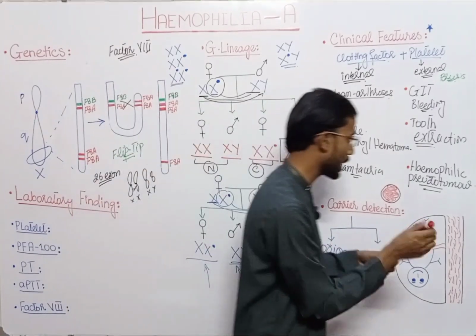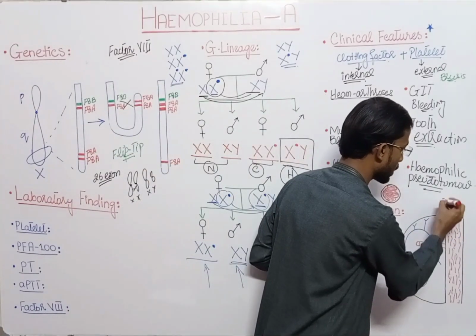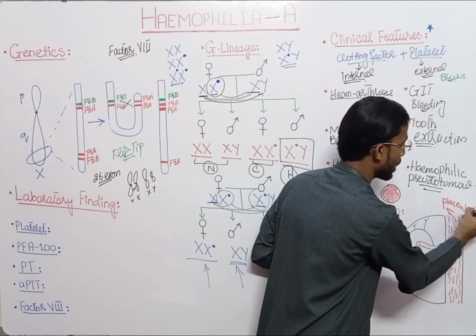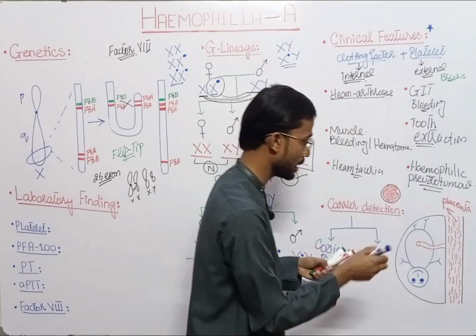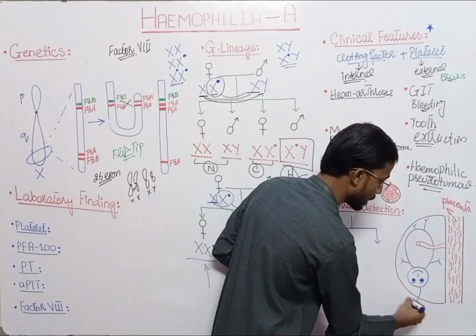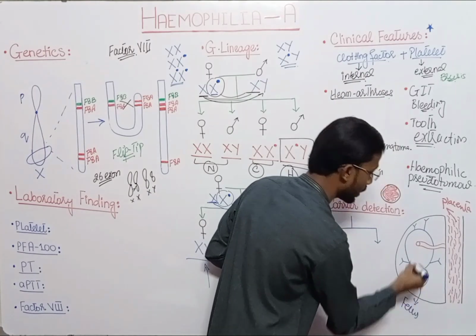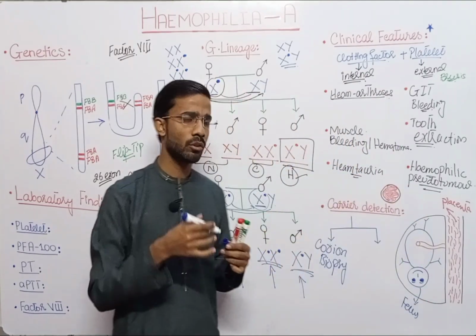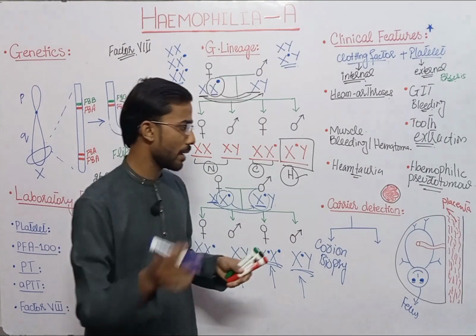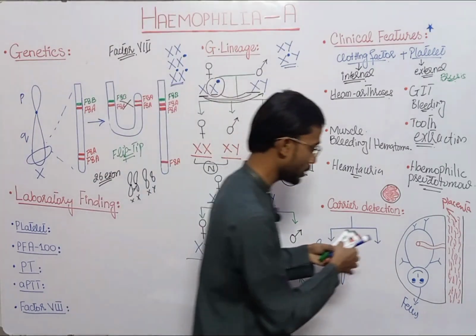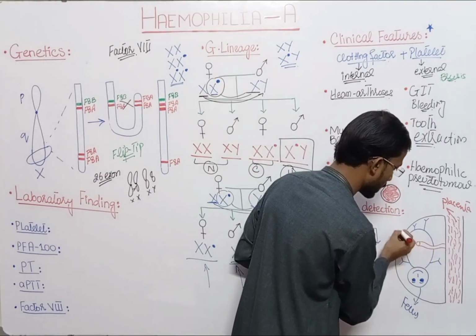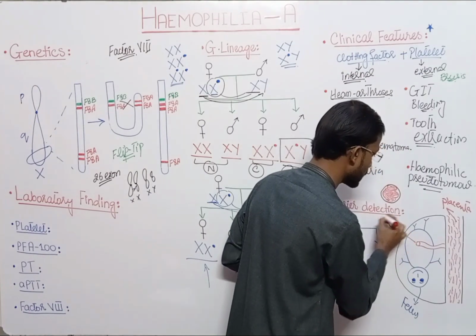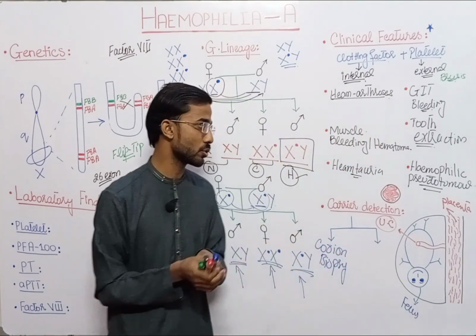You will see that this is the placenta, and here is the fetus, which is surrounded by membranes like chorion and amnion. And here you will see that this is the umbilical cord, which is attached to the placenta.